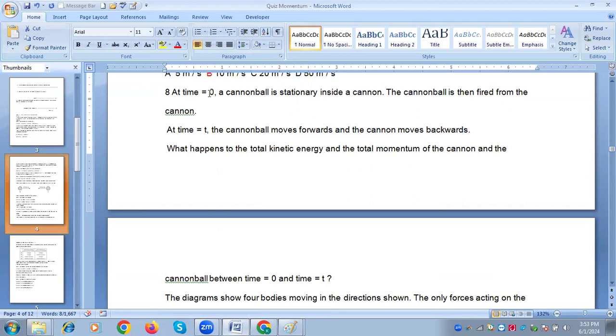At time t equals 0, a cannonball is stationary inside a cannon. The cannonball is then fired from the cannon. At time equals t, the cannonball moves forward and the cannon moves backward. What happens to the total kinetic energy and the total momentum of the cannon and the cannonball between t equals 0 and t equals t?